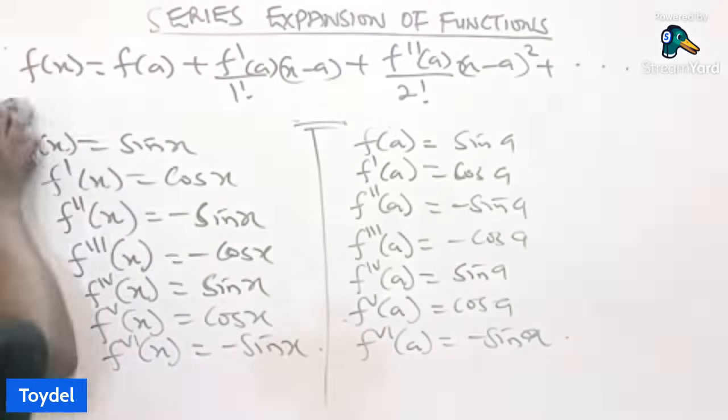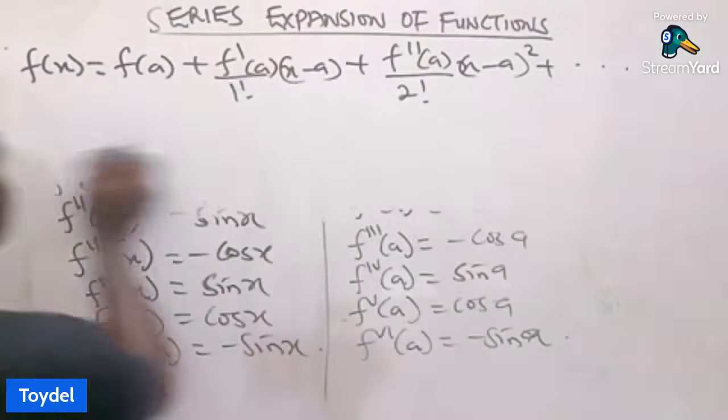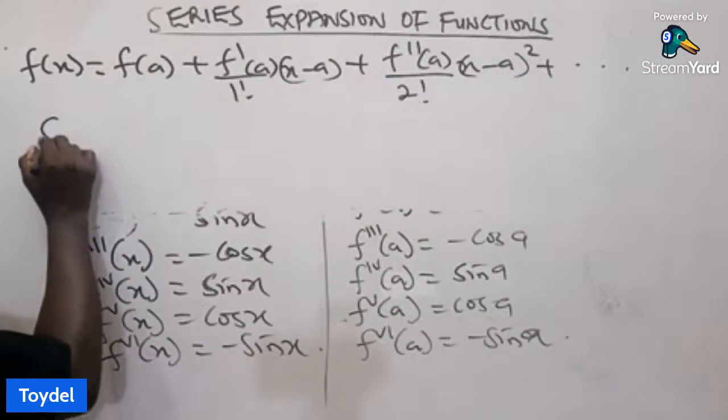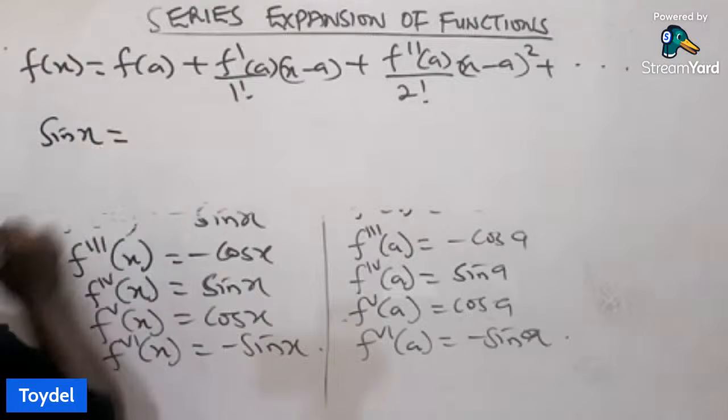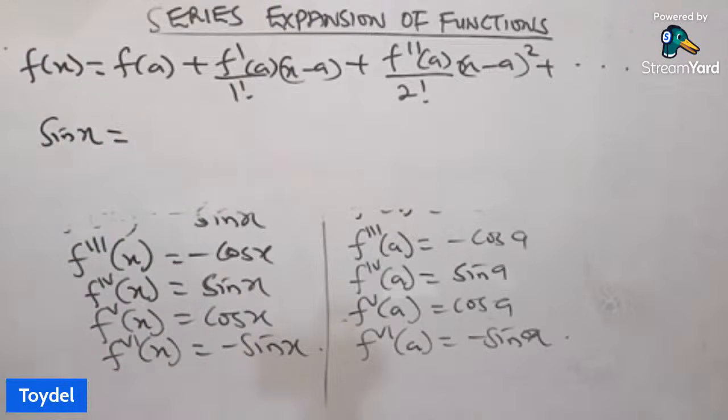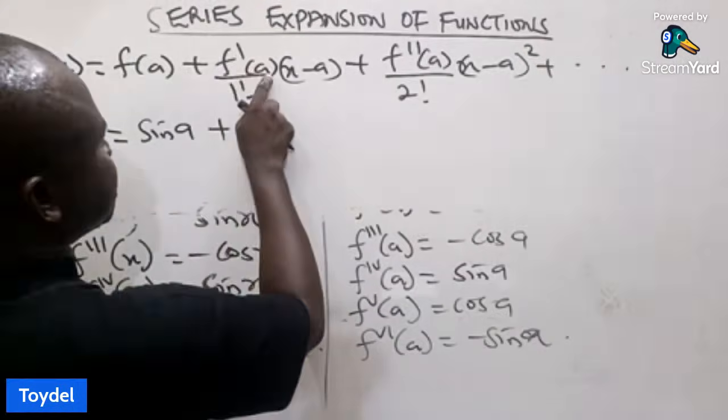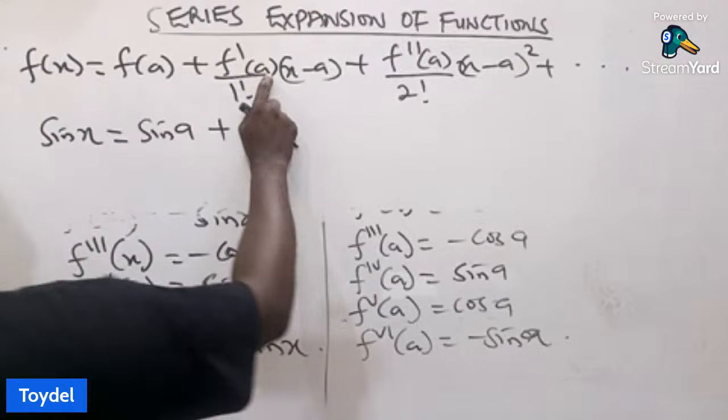So in this case, our f of x is sine x. So the Taylor series of sine x will be equal to the first one. What is f of a? f of a is equal to sine a. We put sine a here. Sine a plus f prime of a, which is cos a.